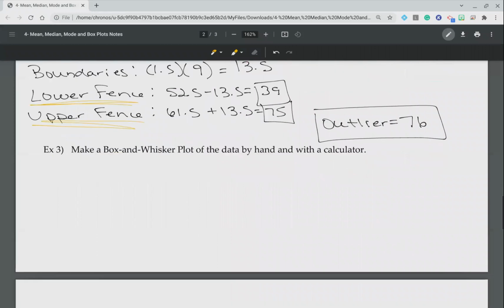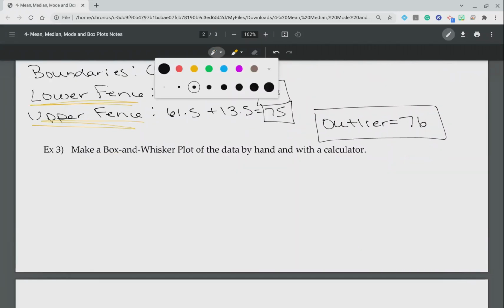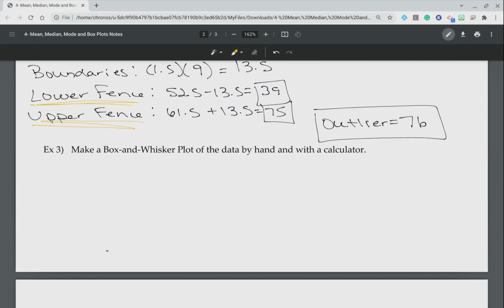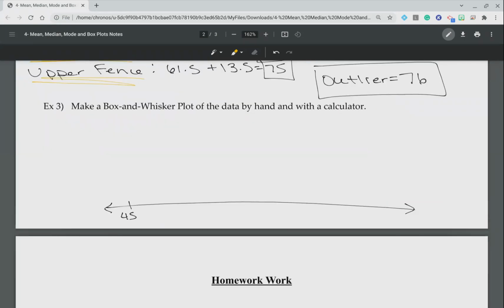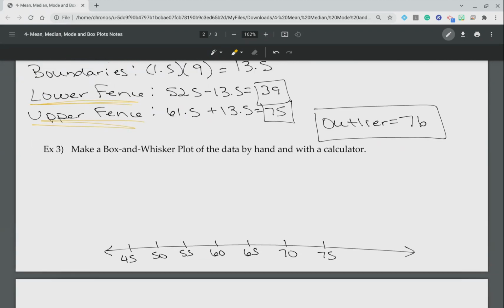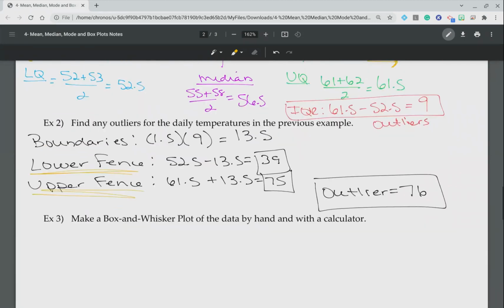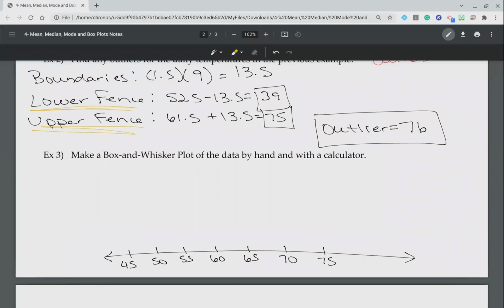Okay, all right, so now we're actually going to make what's called a box and whisker plot. Okay, so we're going to start this on a number line. And let's see, our lowest temperature is 49, our highest is 76. So I think I'm going to start at 45 and just go up by fives. Okay, and now I'm just going to put everything on here. Okay, so first I'd like to start with my median, which was 56.5.